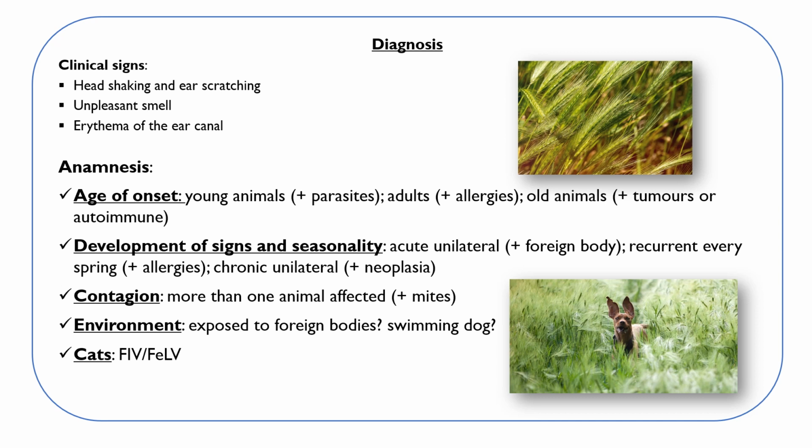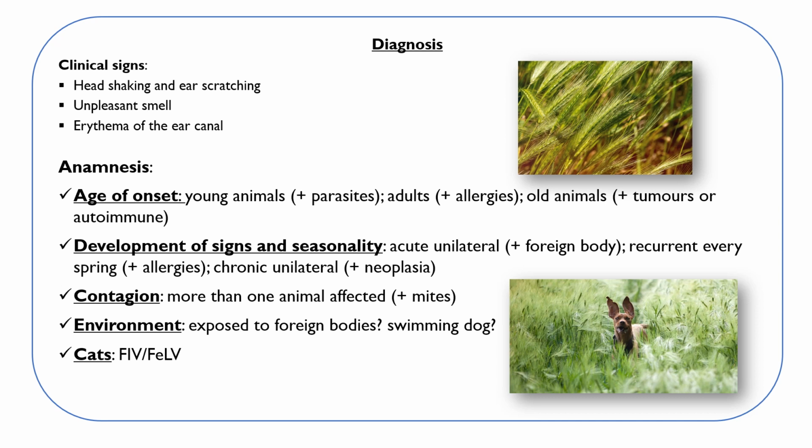If the otitis develops slowly and in only 1 year, it is suggestive of neoplasia. Contagion. If there's more than one animal at home and both are with otitis, it is often caused by ear mite infection. Environment. Is the dog exposed often to foreign bodies like these herbs that I've talked about?